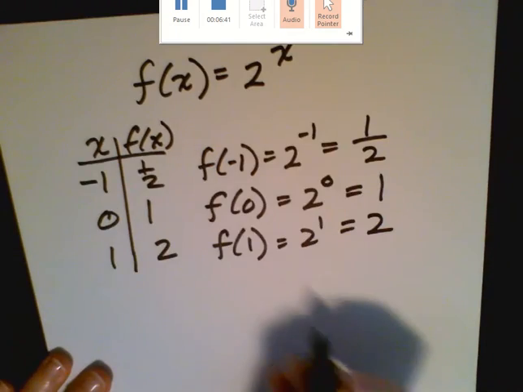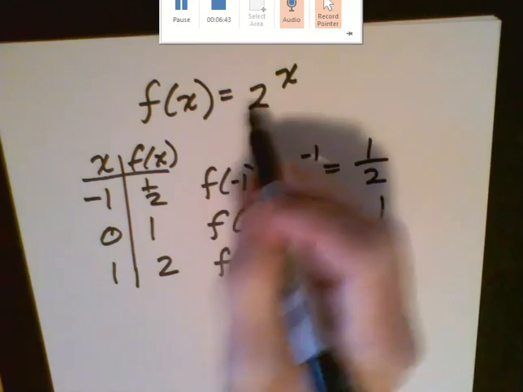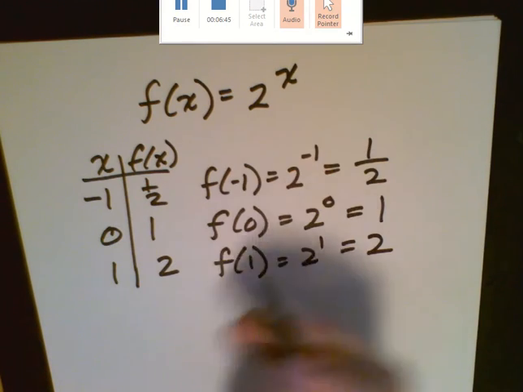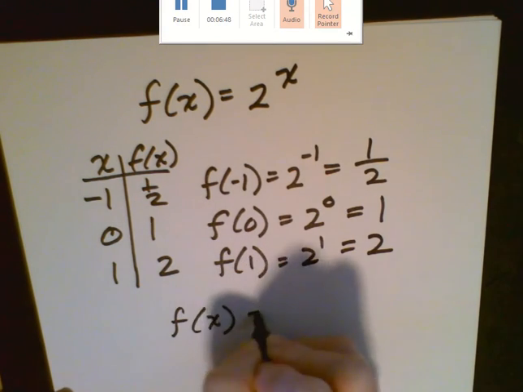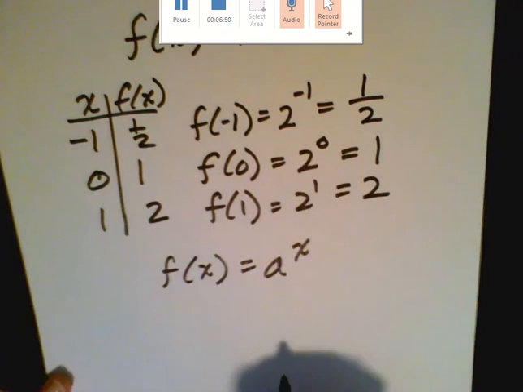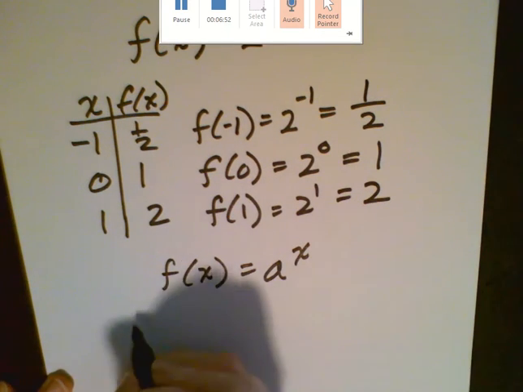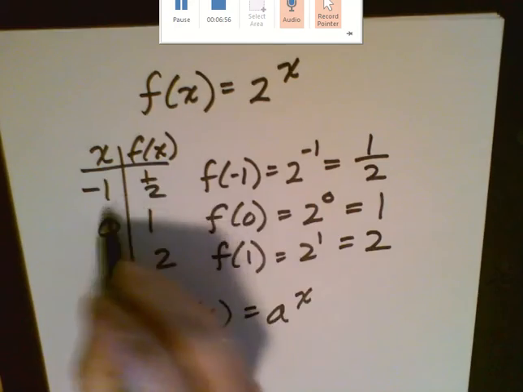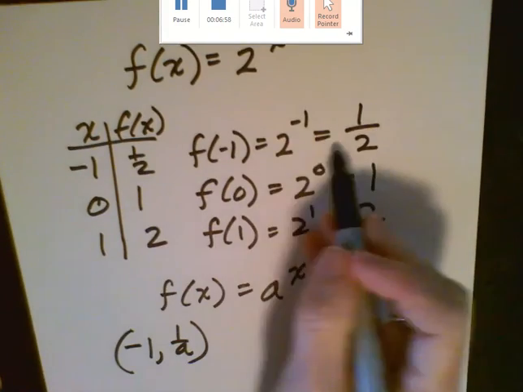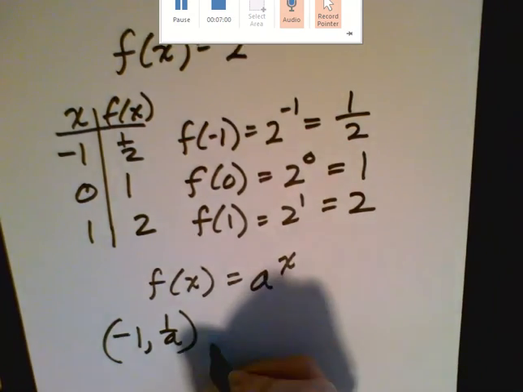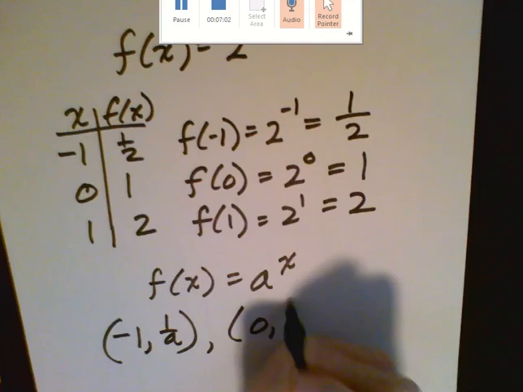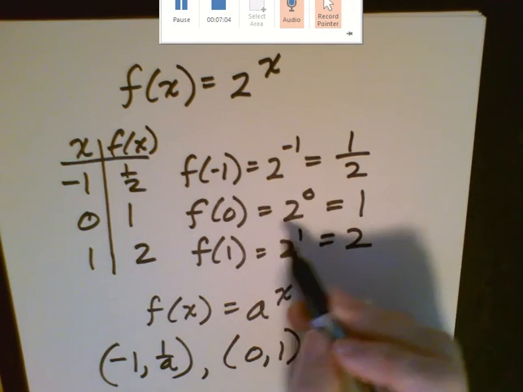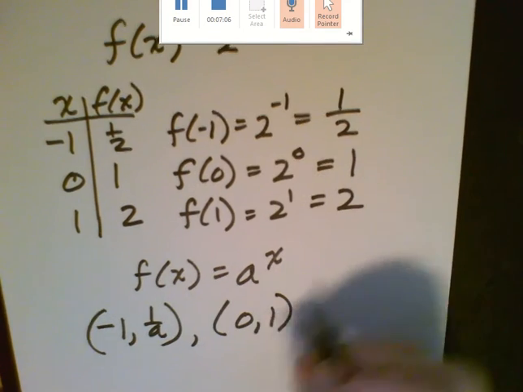And what we find is that on all of these basic functions, no matter what the base is, if we have f of x equals a to the x, these 3 points are on every graph. They are -1, 1 over a. When it was 2, it was 1 over 2. If that had been 7, it'd be 1 over 7. The point 0, 1 is going to be on every graph, because if you raise any base to the power 0, you're going to get 1.